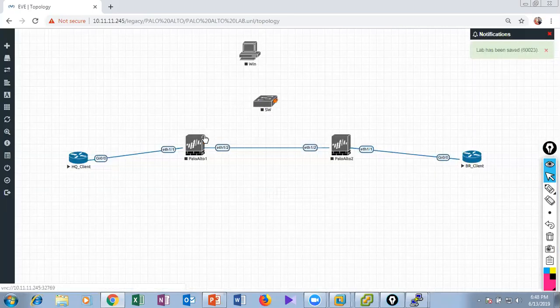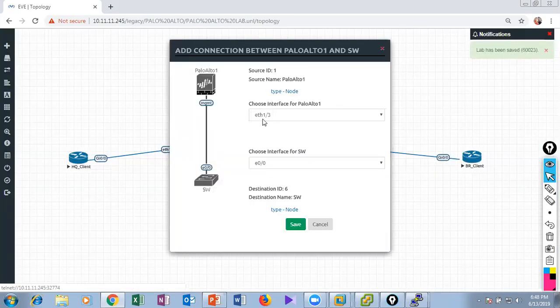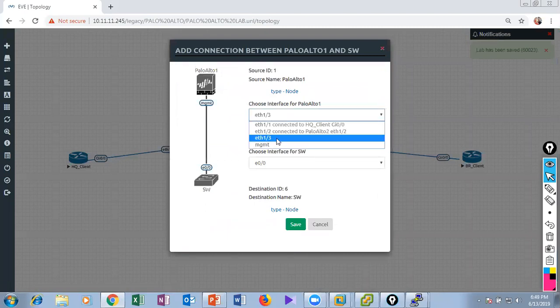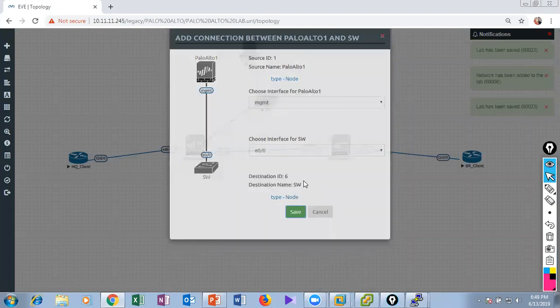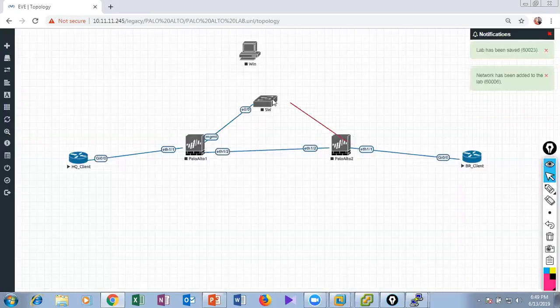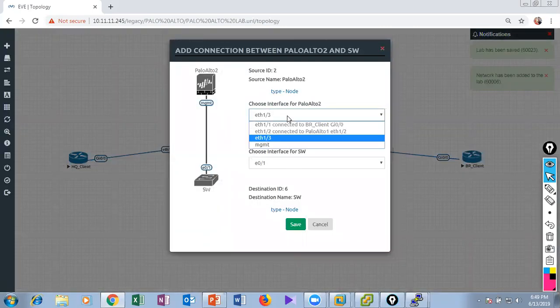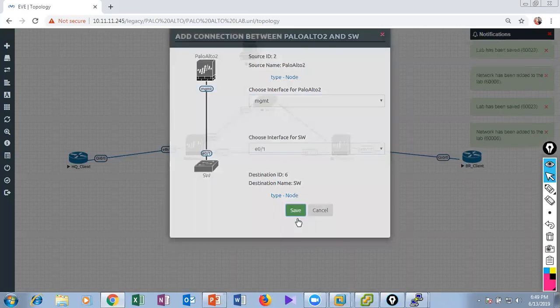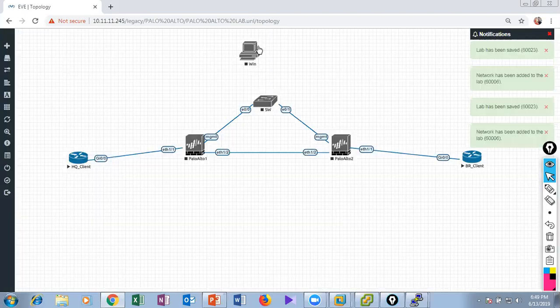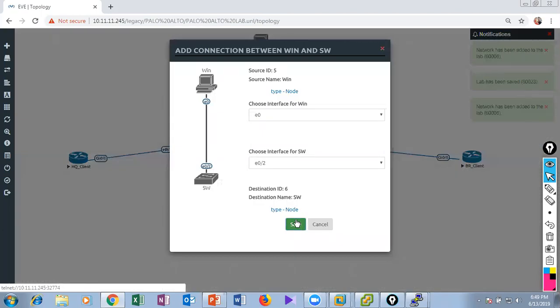And I'll take the management interface of both the firewalls, because initially it will be accessible only through the management interface. So I'll connect it with one PC.